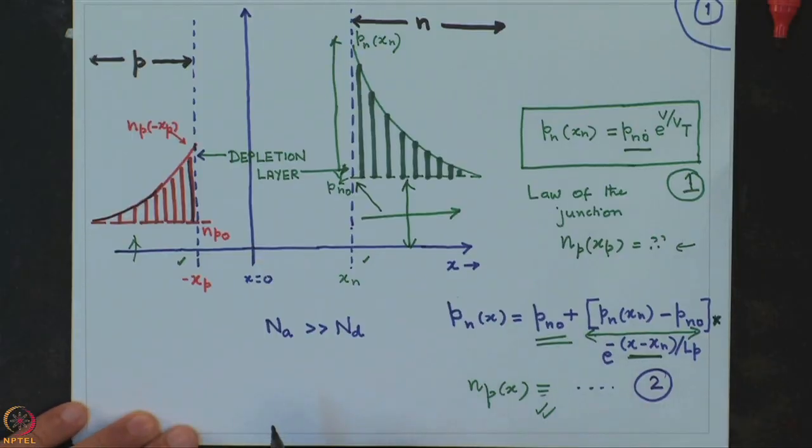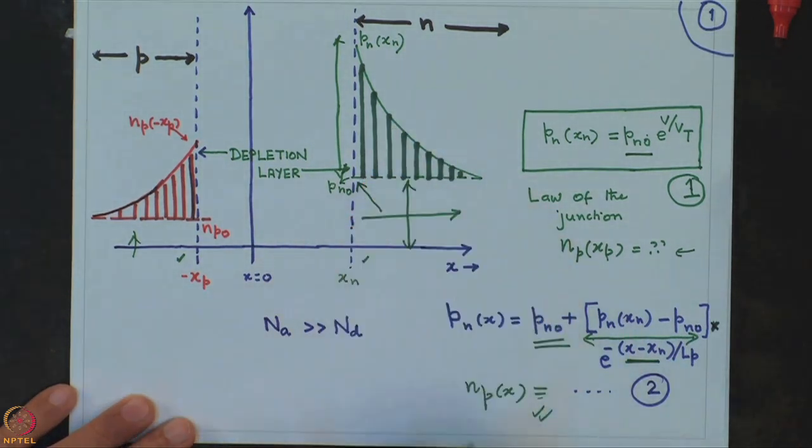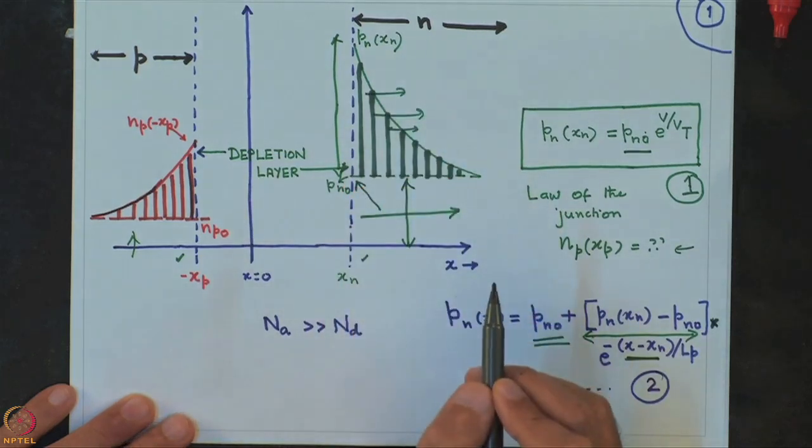Now, if you look at this minority carrier distribution again in this forward biased junction, what happens is that as holes move due to diffusion towards the right side, they combine with electrons.